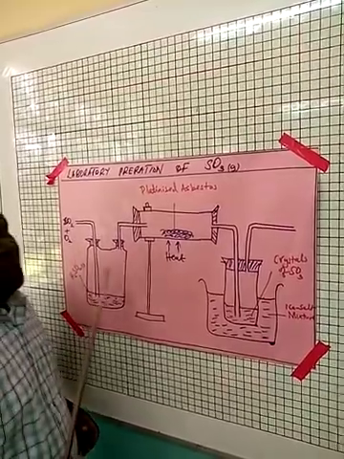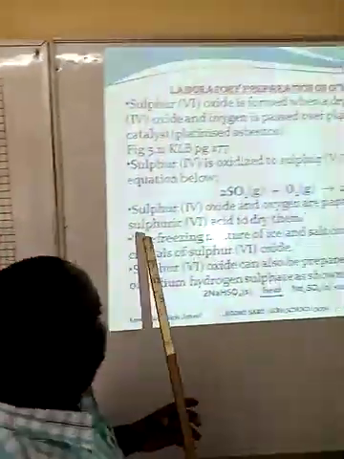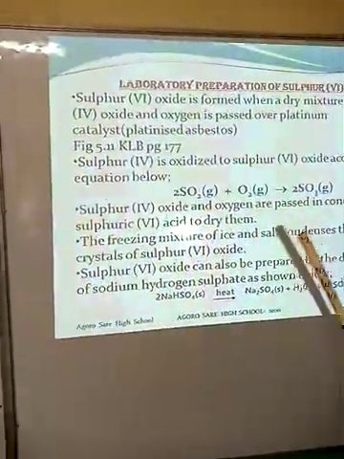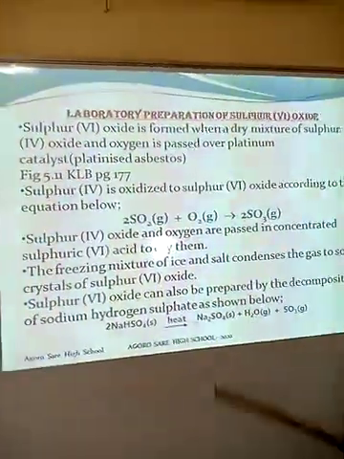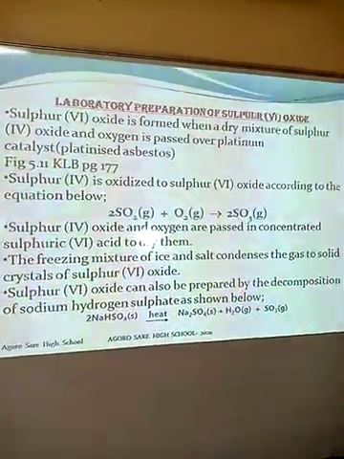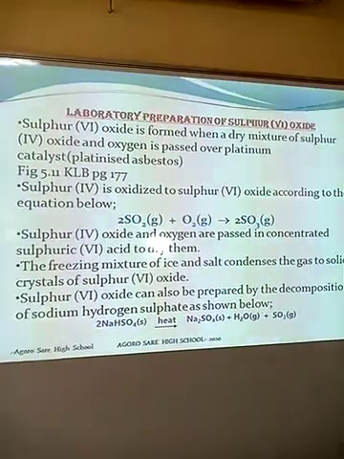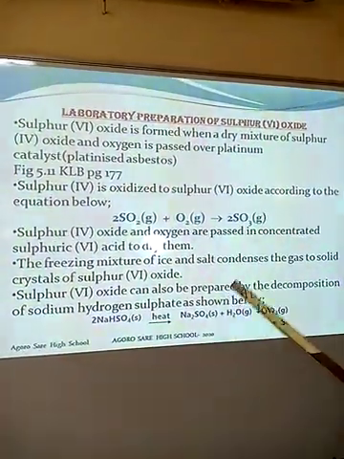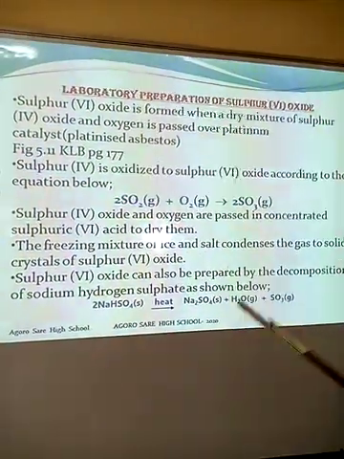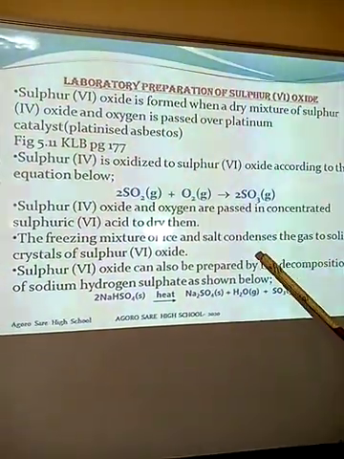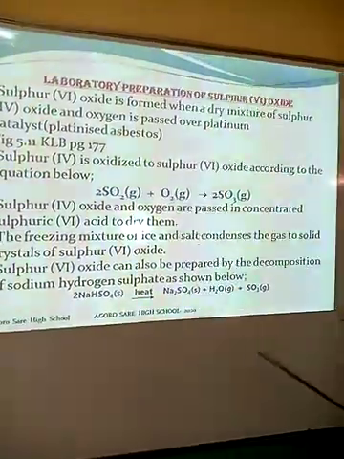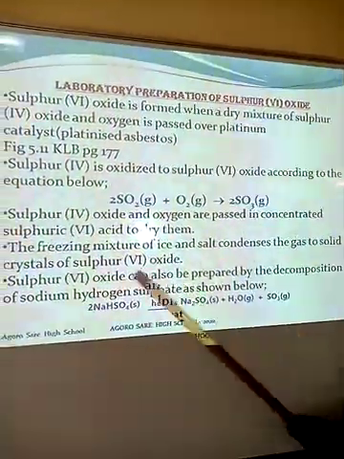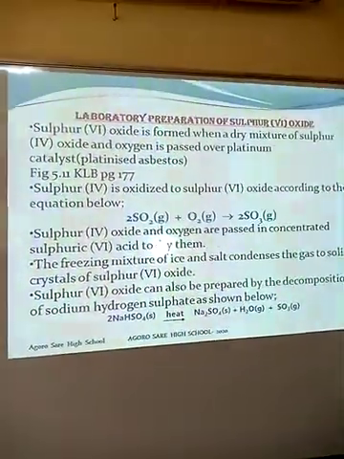As we have said, sulfur 4 oxide is passed through concentrated sulfuric acid to ensure that it is dry, and then it is passed through the ice salt mixture. Its main purpose is to condense the gas to white solid of sulfur 6 oxide.